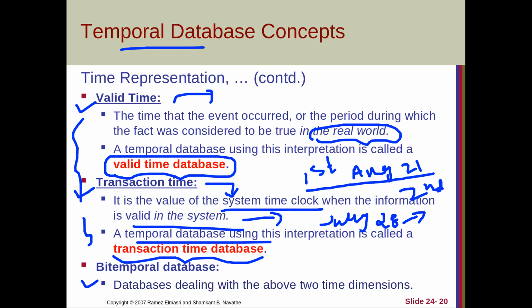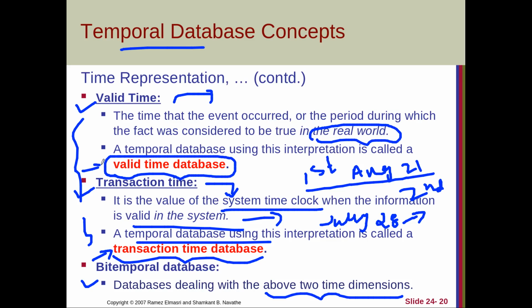Now we are having a third category, that is called as bi-temporal database. The databases that deal with both of these two dimensions. That means it uses both the valid time as well as the transaction time.